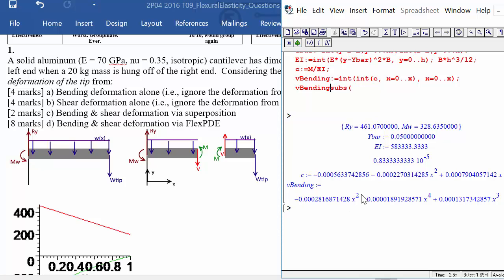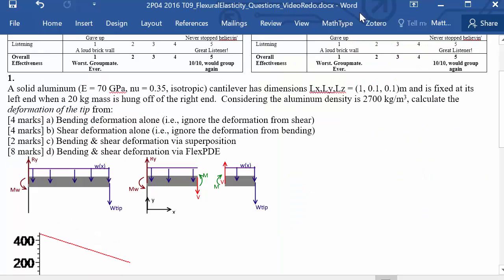Okay, so v bending tip is equal to subs x equals L into v bending, and we find that it is 0.00017, so 0.00017 meters, or about 167 microns. So not very much, and it says it's negative, which is consistent with the load that we're putting on this thing. So the vertical displacement is down. All right, so the sign convention seems to be holding strong.